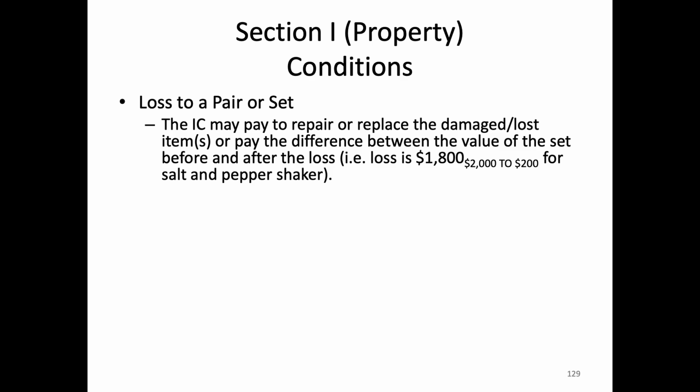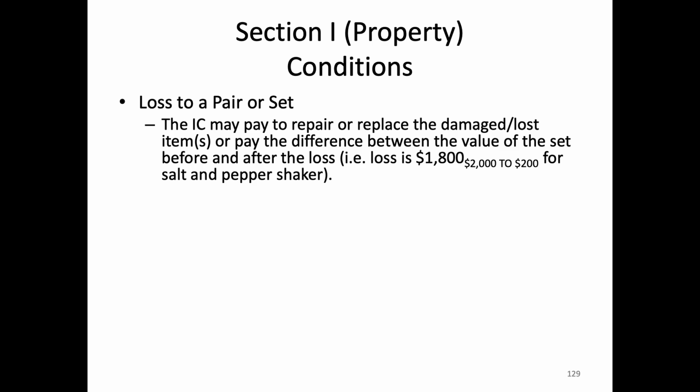The set was worth $2,000, but with the salt shaker out of the picture, the pepper alone is only worth $200, so that's a loss of $1,800. It could pay that if it wants to, or it could replace the damaged item. Maybe the insurance company could find the lost salt shaker that was stolen.